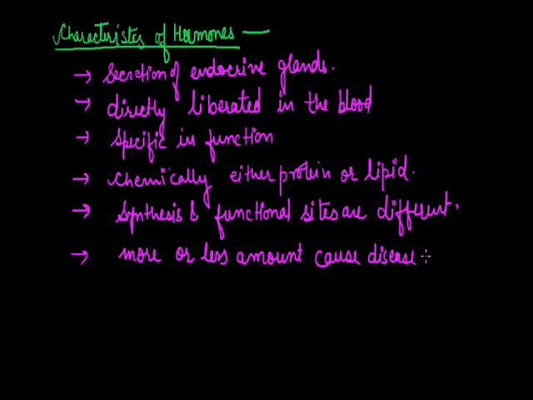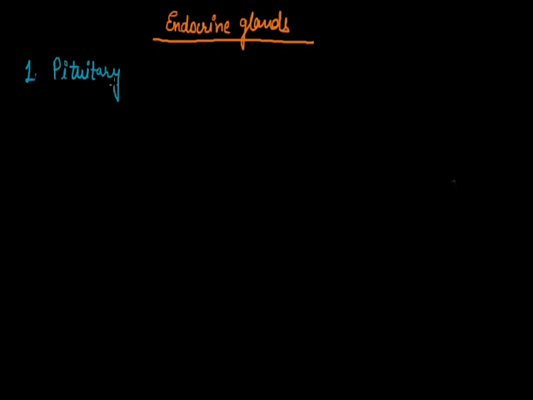Now, various glands and their hormones. We have different kinds of glands. First I am going to start with the pituitary. The first gland is the pituitary, also known as hypophysis.